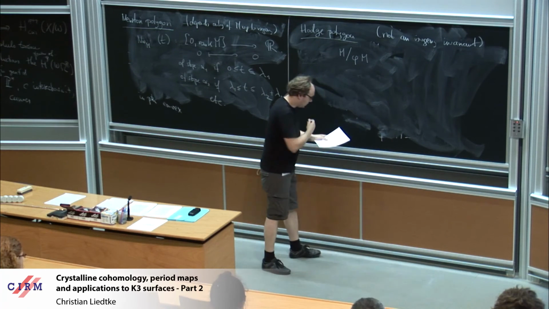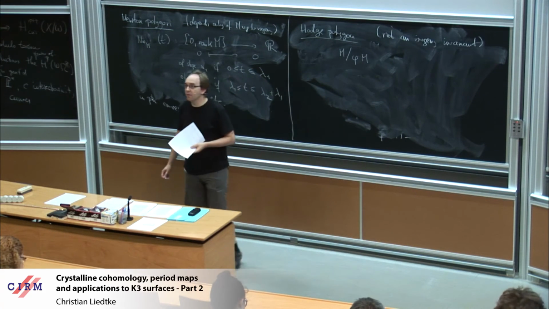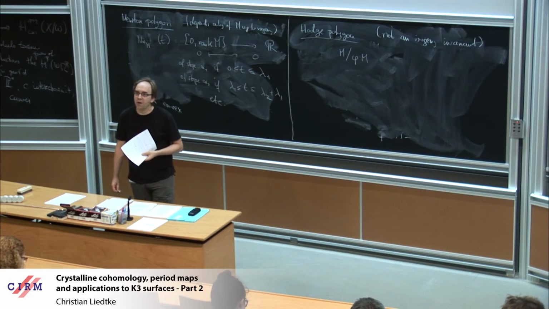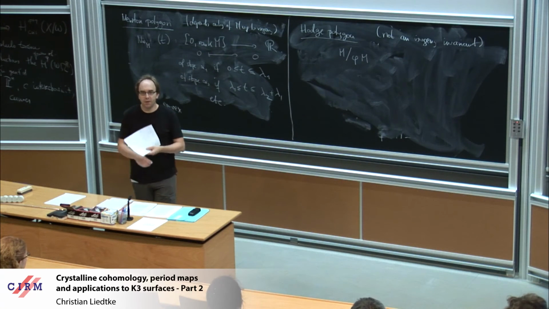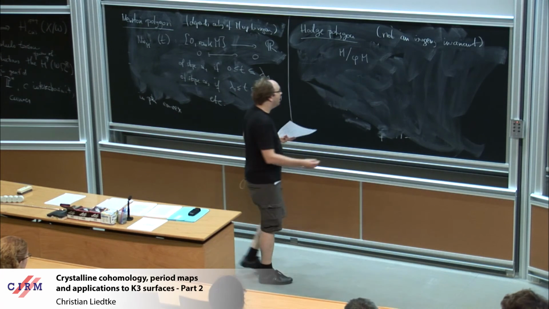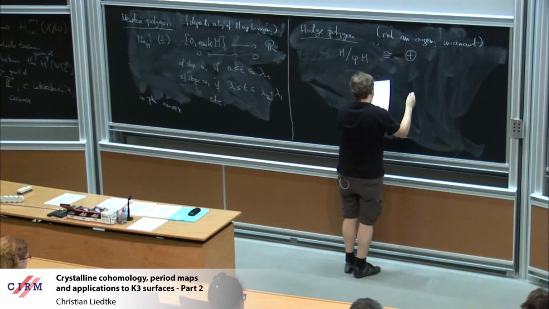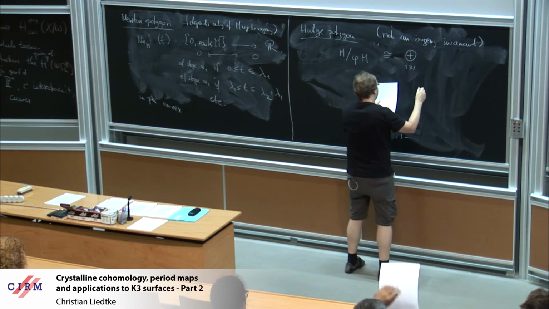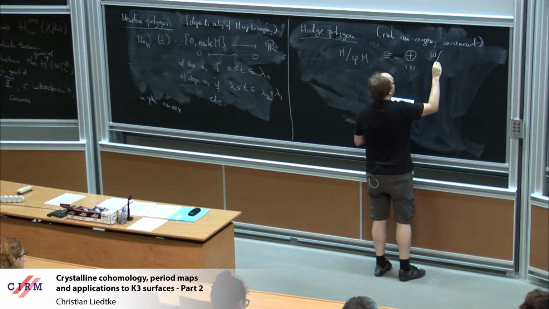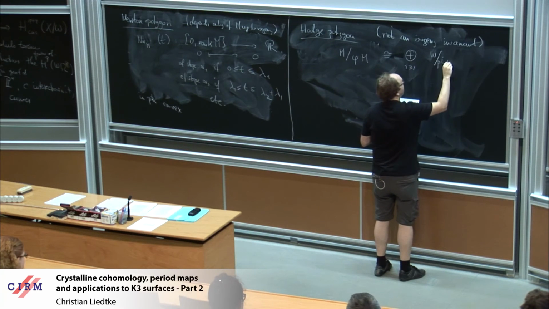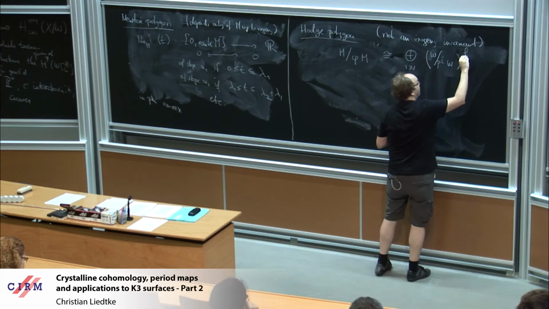Now, W_K, the ring of Witt vectors, is a DVR. So every module over the Witt vectors has a free part, and you have this elementary divisor theorem. So you can write this uniquely as a direct sum, i bigger than 1, of W modulo p to the i.